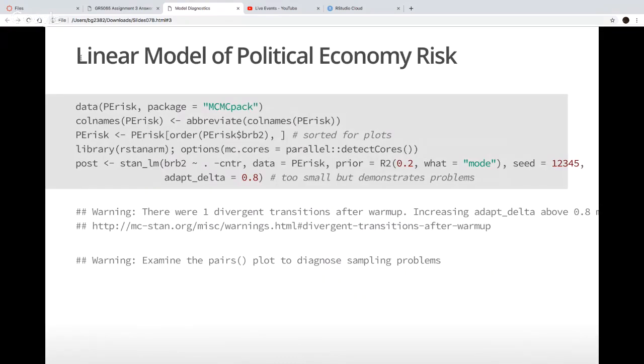As an example, I want to use a not very good model on this data set about political economy risk in the 1990s of different countries, and in particular, modeling the logarithm of what's known as the black market premium.